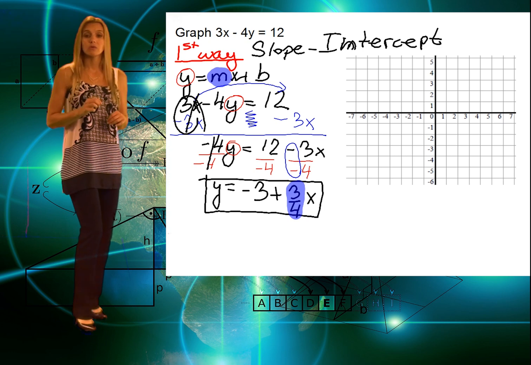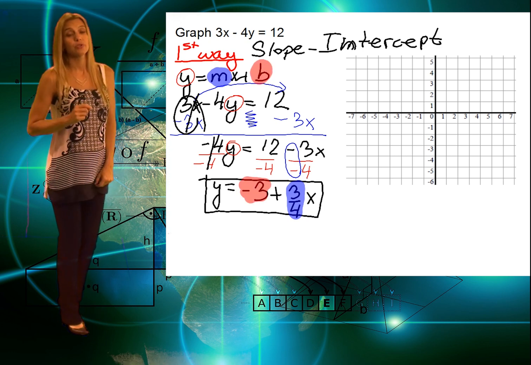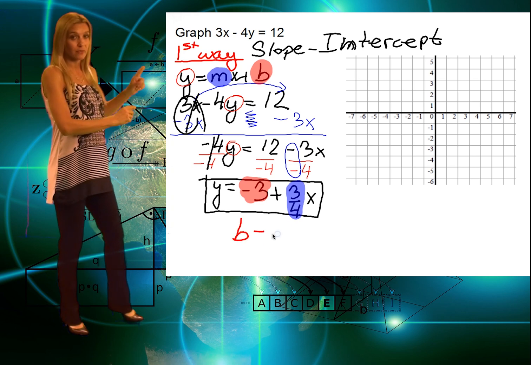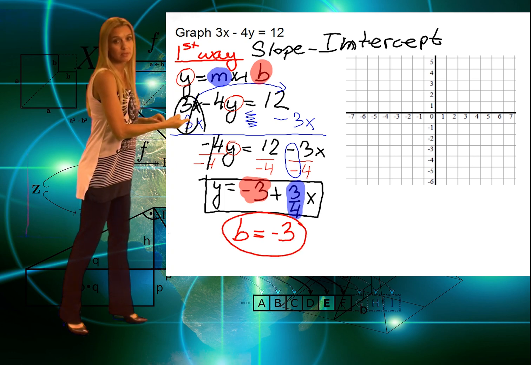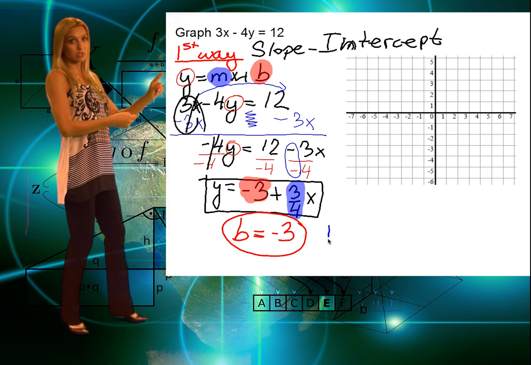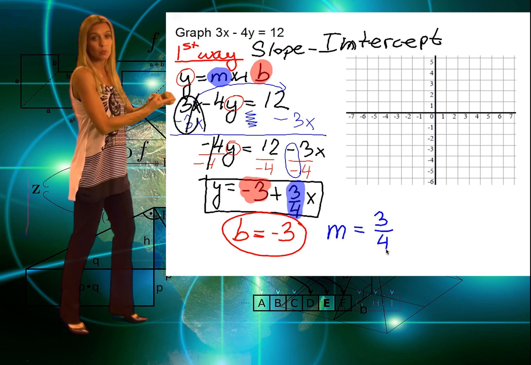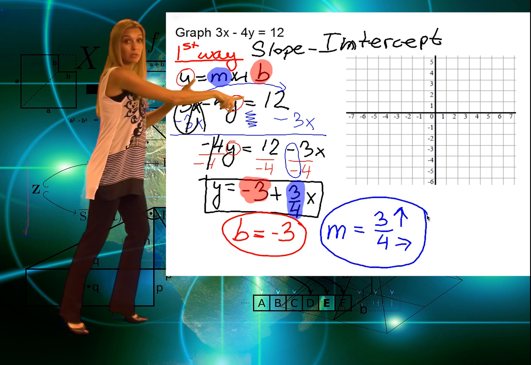And what do we know? The y-intercept, the b, is the first point on my coordinate plane, and that's the first point that I will plot on the y-axis. And then I have a slope that is going to tell me how to go from my first point to the next point. And it's positive 3 units up, and 4 units over.